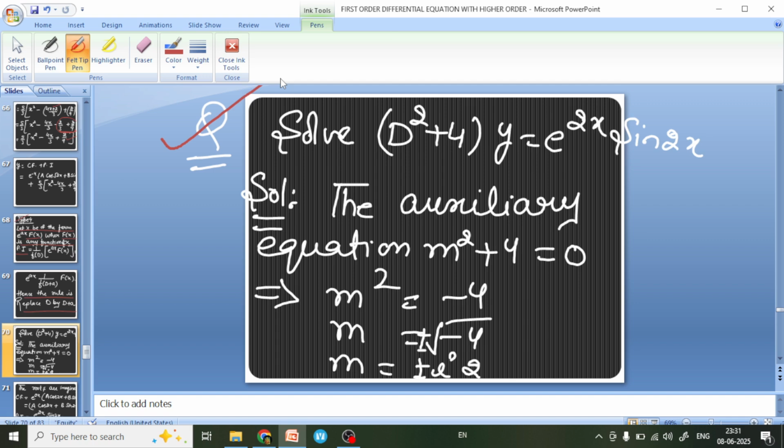And now I am going to solve the equation D square plus 4 y is equal to e raised to power 2x sine 2x. The auxiliary equation is m square plus 4 equal to 0. When we solve it we will find m is equal to plus minus 2 iota.